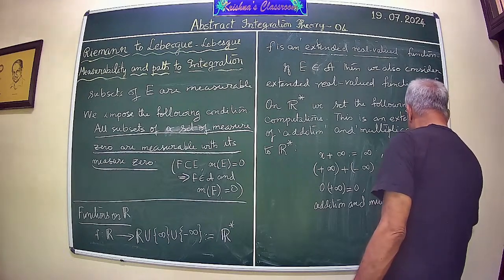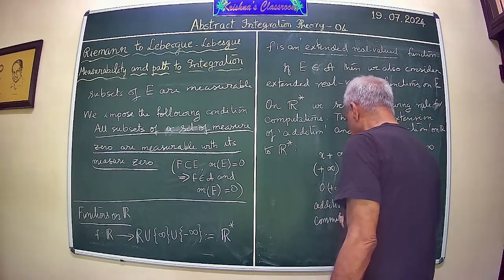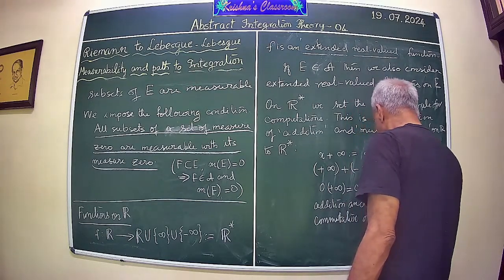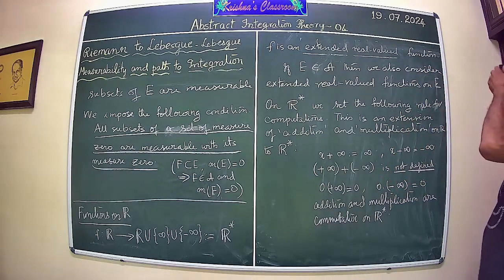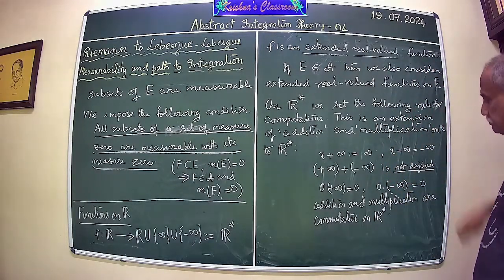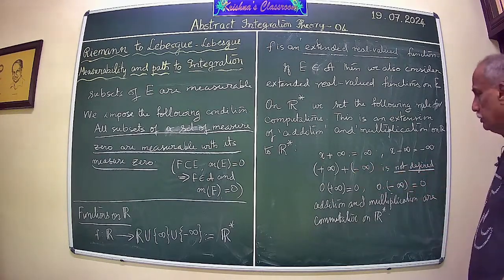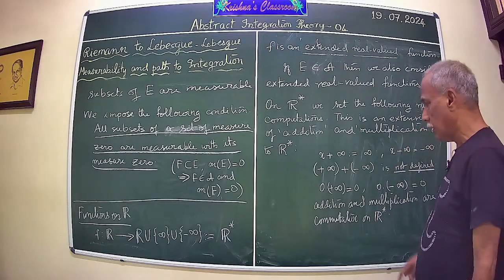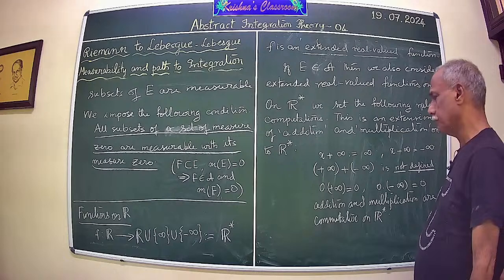The extended addition and multiplication are commutative on R star. These conventions are required when we introduce integration theory.